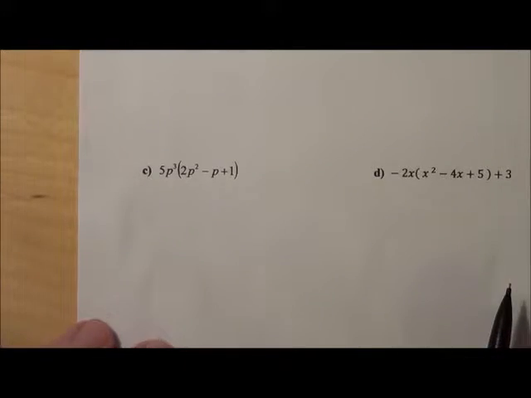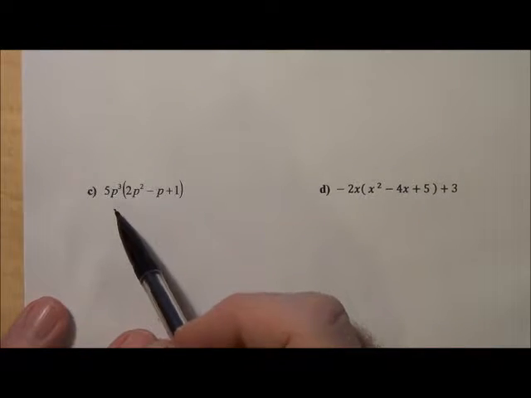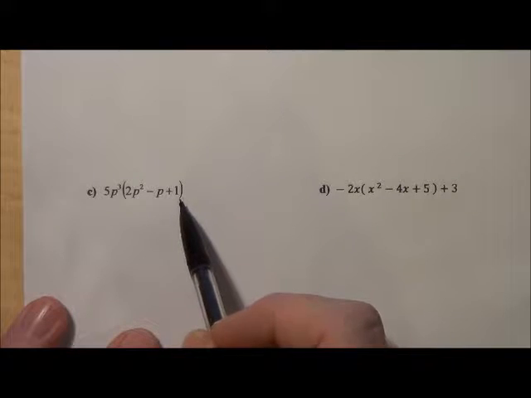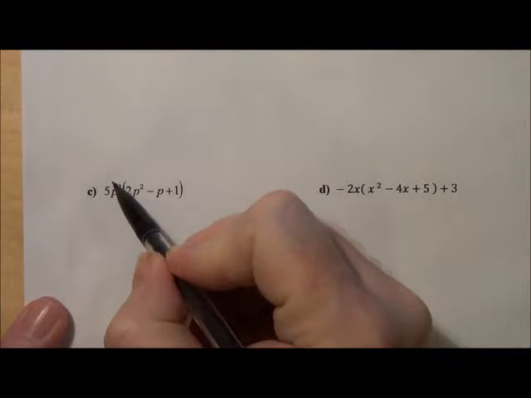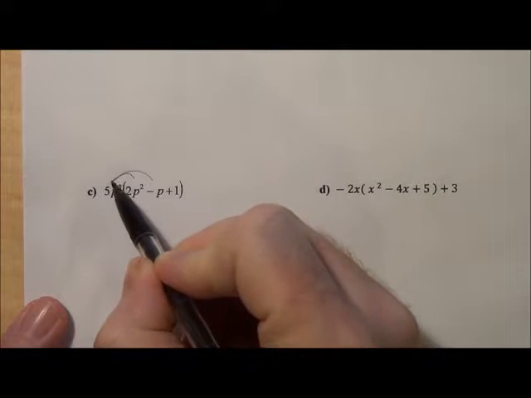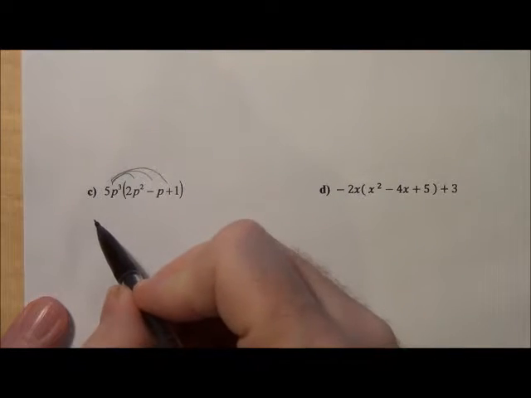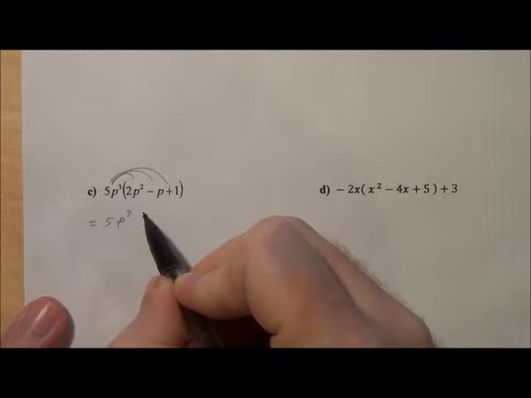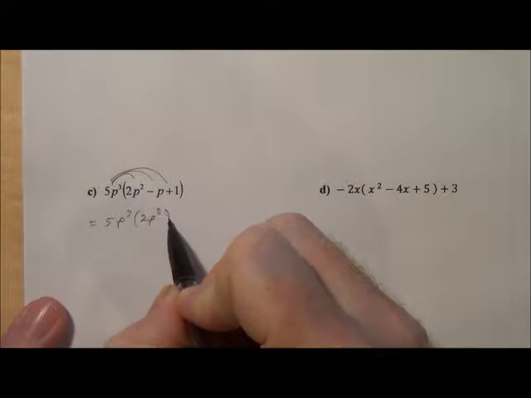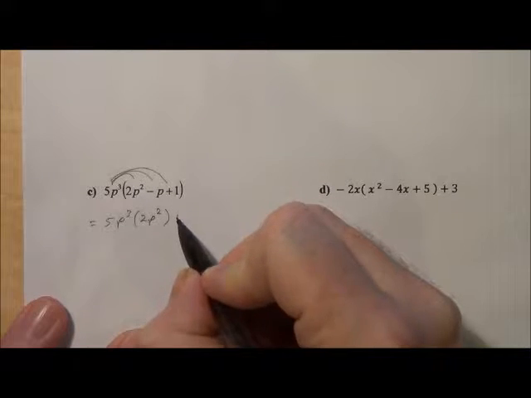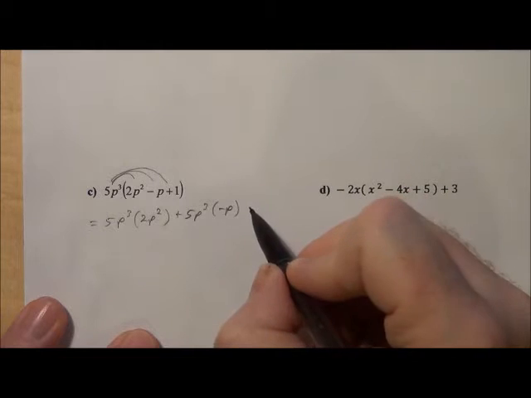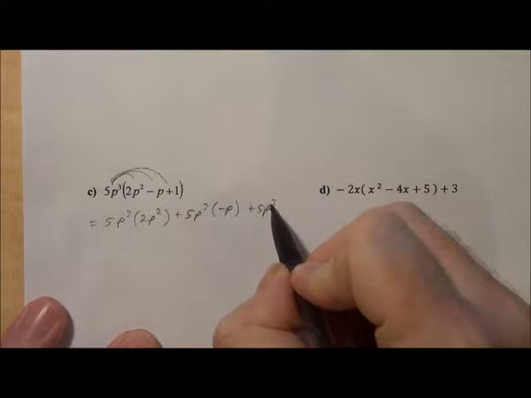Moving right along, example C, we've got 5p cubed times 2p squared minus p plus 1. Again, we're going to multiply this in, expand into the brackets, and we'll have 5p cubed times 2p squared plus 5p cubed times negative p plus 5p cubed times positive 1.